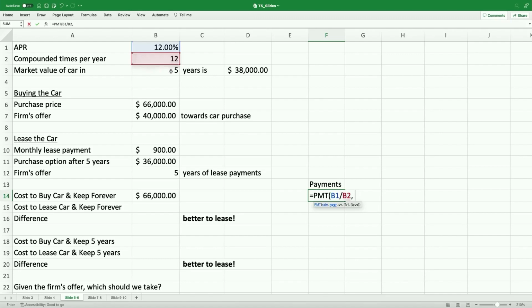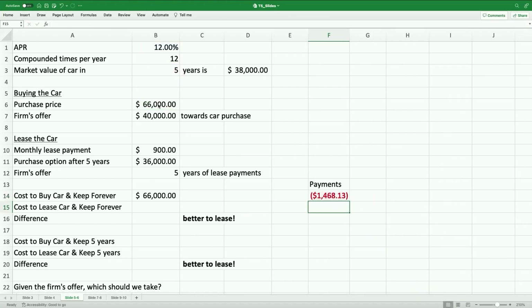N per, the number of periods, 5 years, so that's 12 months per year times 5 years, that's 60, 5 years, 60 months. And how much would we borrow? We'd borrow the full amount, $66,000. So if we decided to buy the car, but we didn't have the money today and we had to borrow all $66,000, our monthly payment would be this $1,468.13.